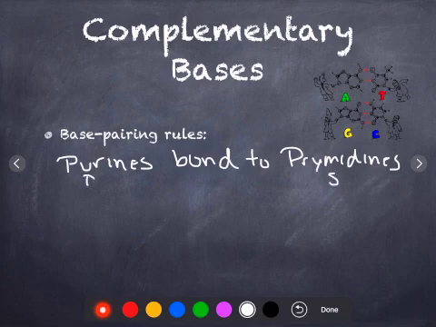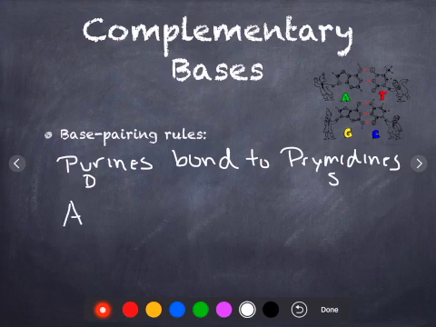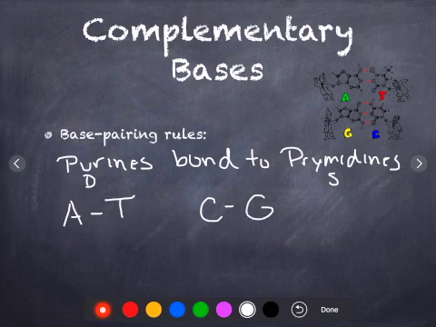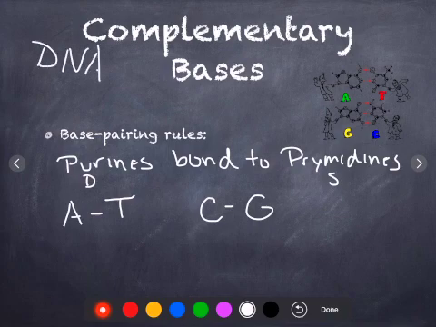And the purines are the ones with the double carbon nitrogen ring. So to be more specific about this base pairing rule, adenine always bonds to thymine, and cytosine always bonds to guanine. So those are the four different nucleotides that we have in our DNA structure. Adenine binds with thymine, cytosine bonds with guanine. All right? So again, purines always to pyrimidines.